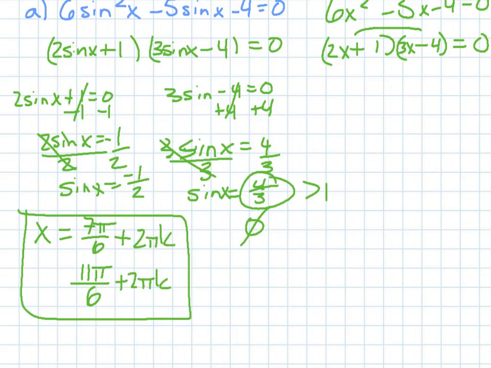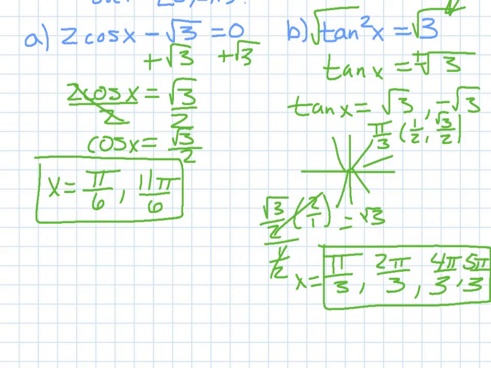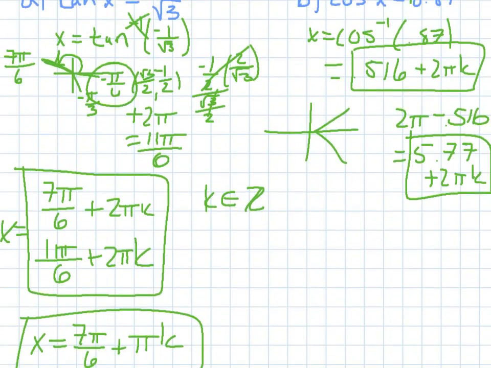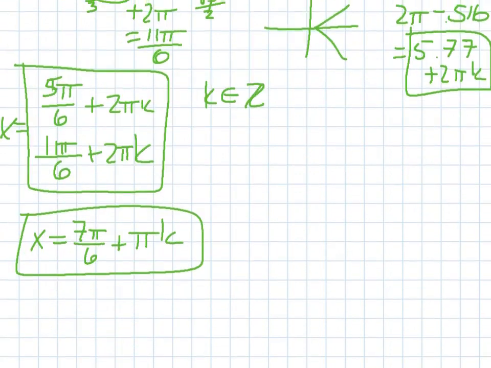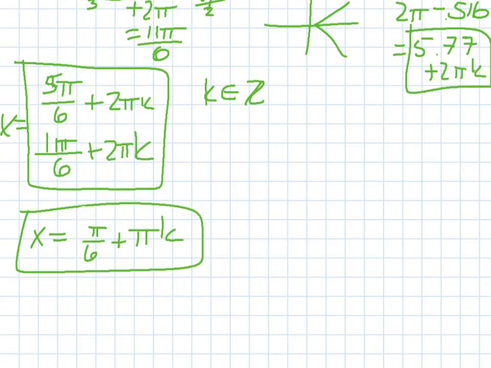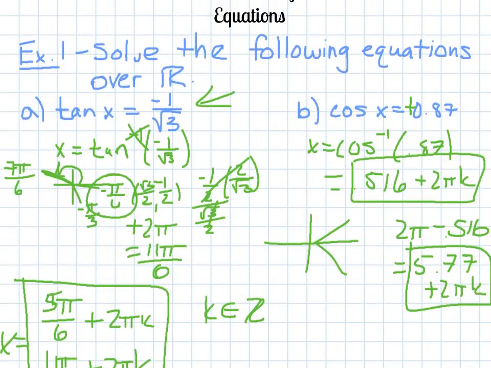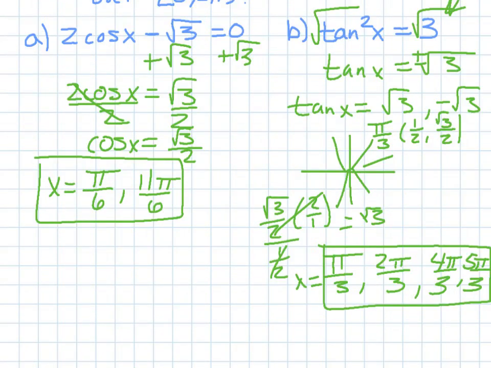Okay, so, correction, that means that this one was wrong, so that one should be 5 pi over 6, sorry about that. Same thing there. Okay. And that would be it. Okay, have fun.